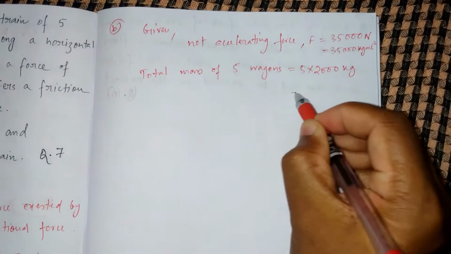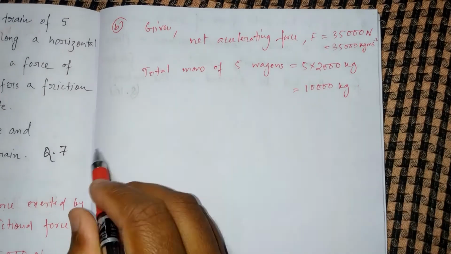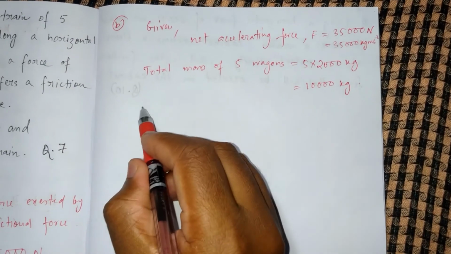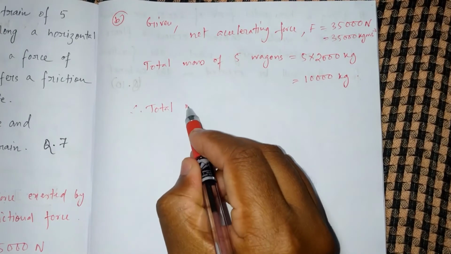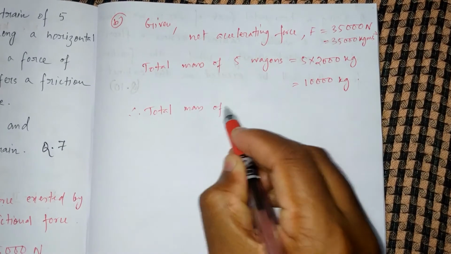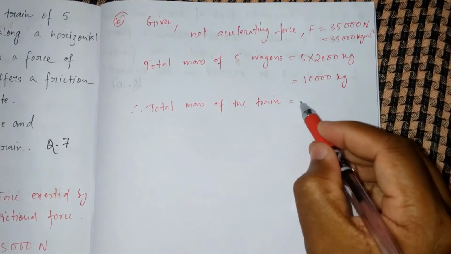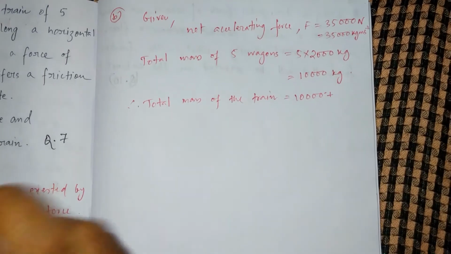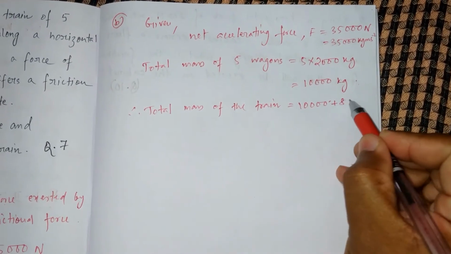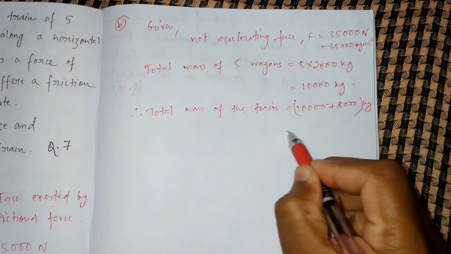This will be equal to 10,000 kg, and therefore total mass of the train, what it will be? This 10,000, and in addition we have 8,000 kg of engine. So it will be 18,000 kg.